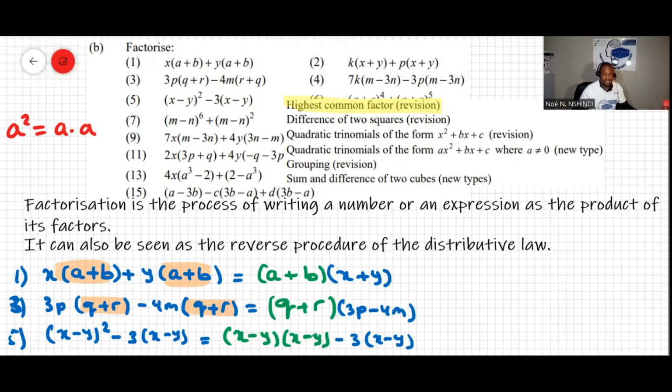Now we can take x minus y as the common factor, and then we are left with x minus y minus 3. That was question 5.